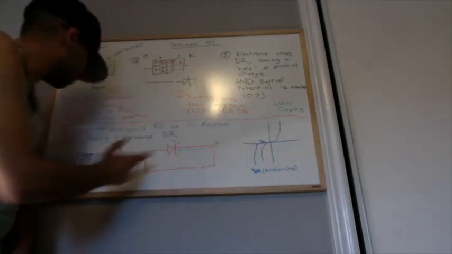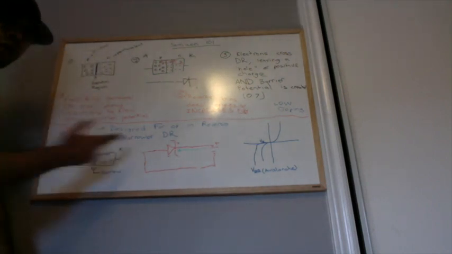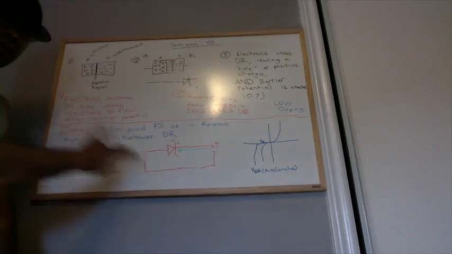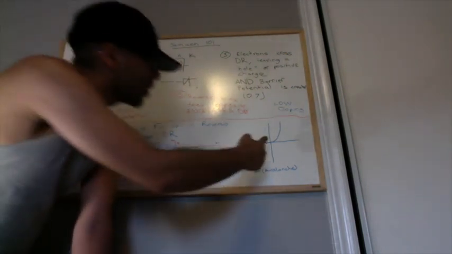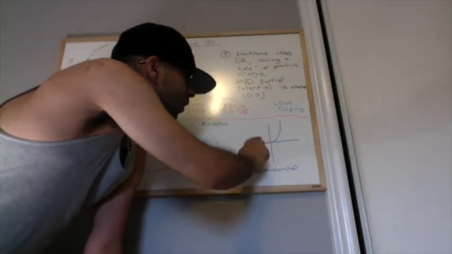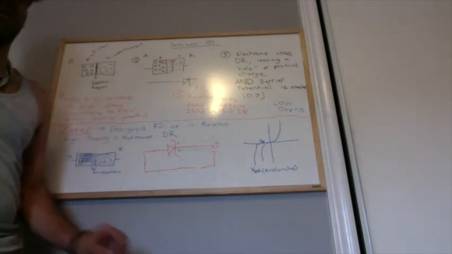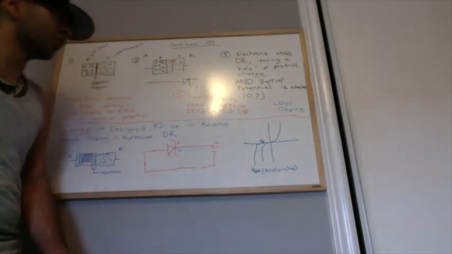So because of this very narrow depletion region, we're able to force current in the wrong direction if we apply enough of it. And that amount is the VZ, the Zener voltage, as I and most of the internet and most of the world would call it.